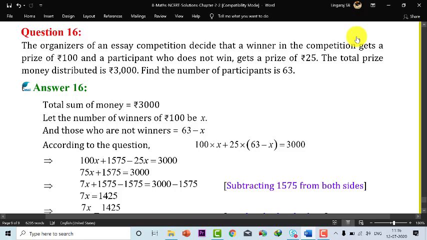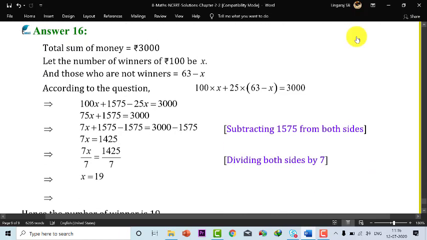Find the number of winners, if the number of participants is 63. So total sum of money is 3000, and let the number of winners of 100 rupees be x, and those who are not winners are 63 minus x.